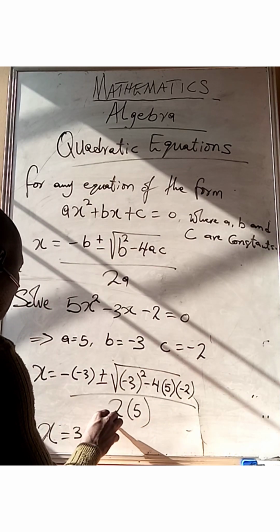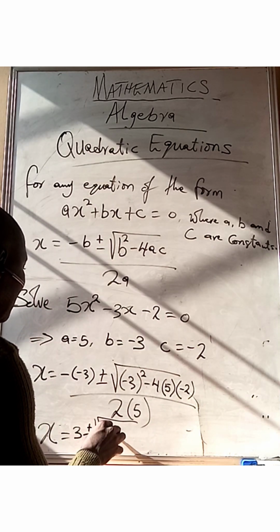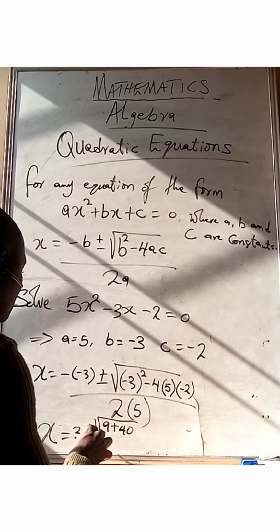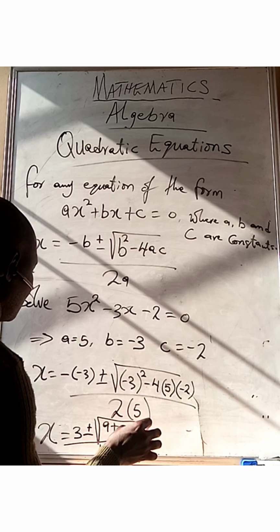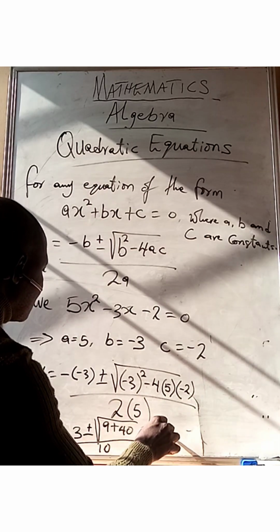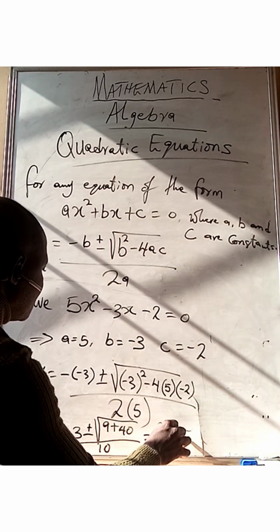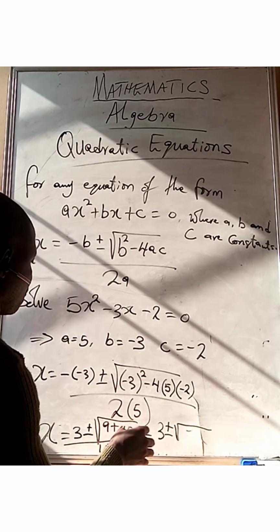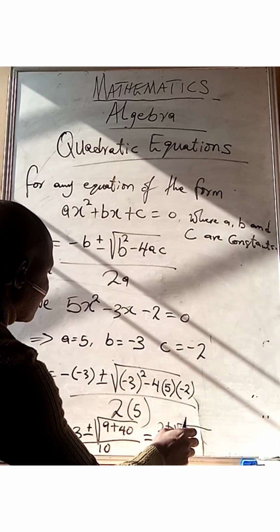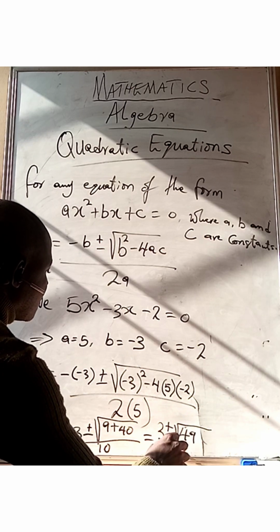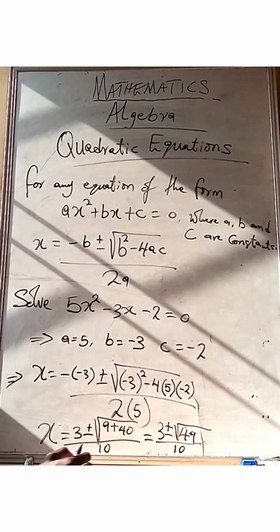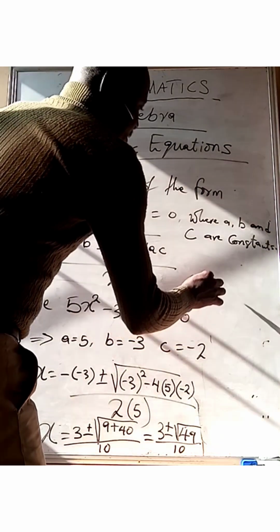So I will now have it to be root 9 plus 40, everything all over 10. And that will be 3 positive or negative root 49, everything over 10.